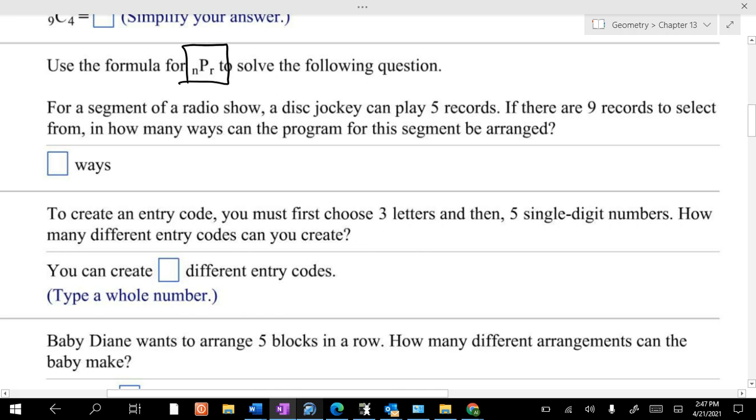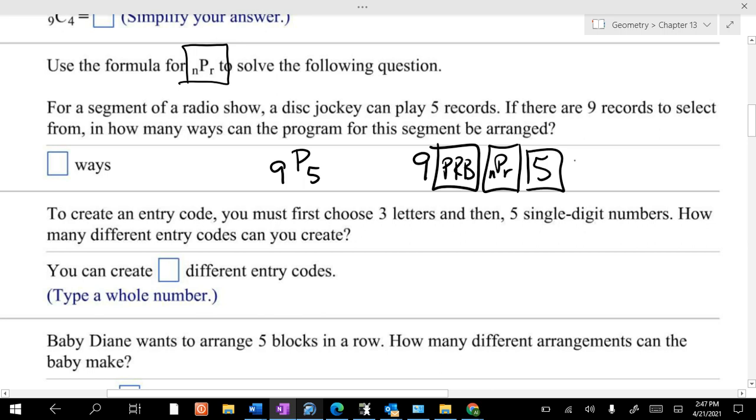So what will we put into our calculator? What's the first number we'd enter? 9. So it'd be 9P5. So it's 9 PRB NPR 5 equals. What do you get? 15,120 different ways of putting that segment together.